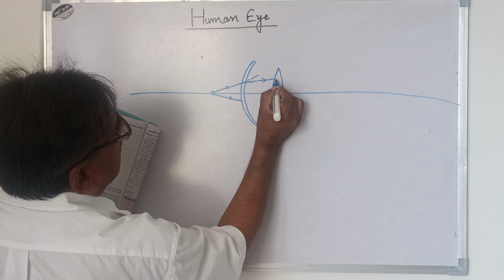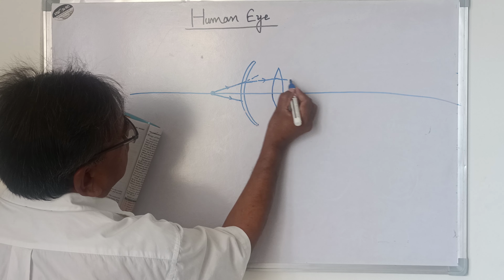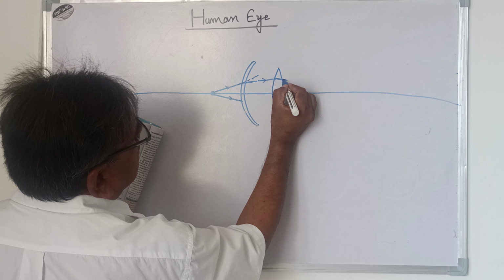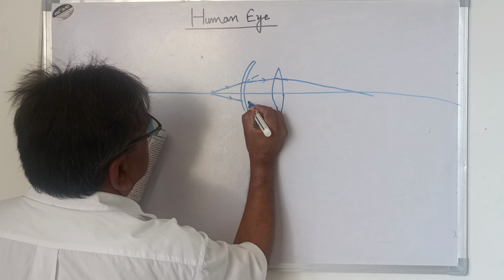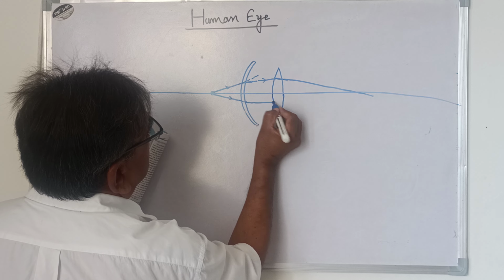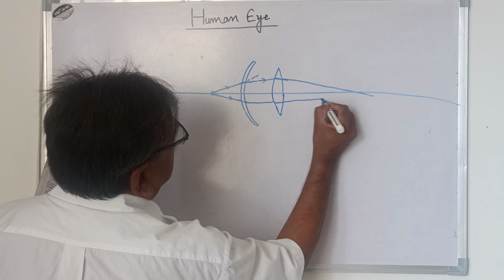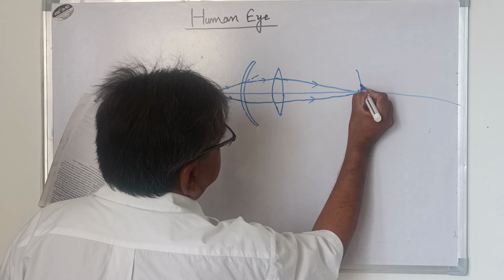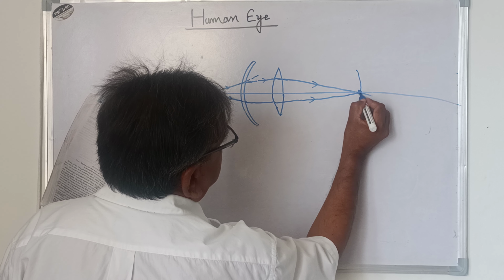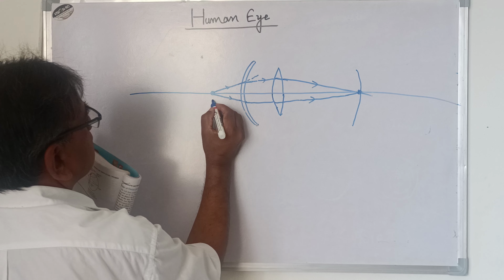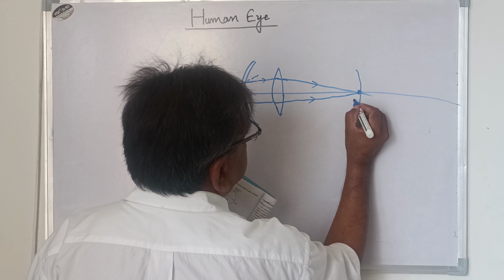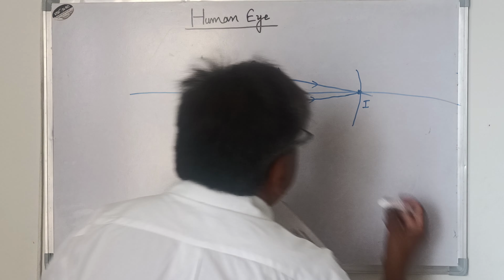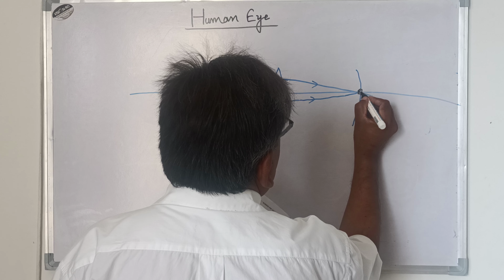Again these are bent by the eye lens, and they come here. Suppose this is the retina. The image is formed here. This is the object, this is the image.